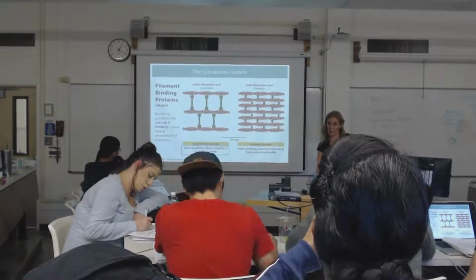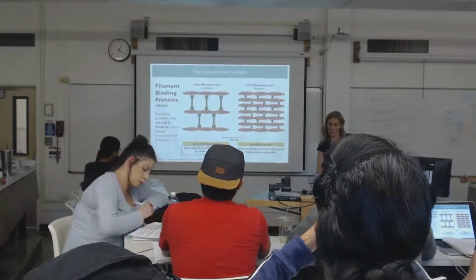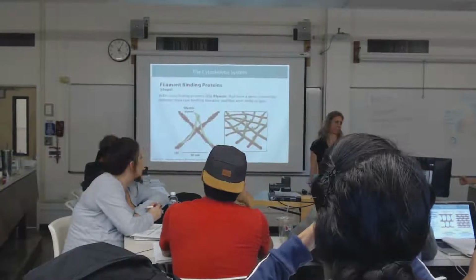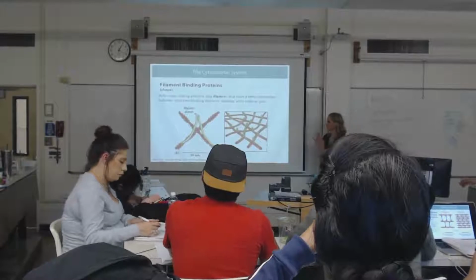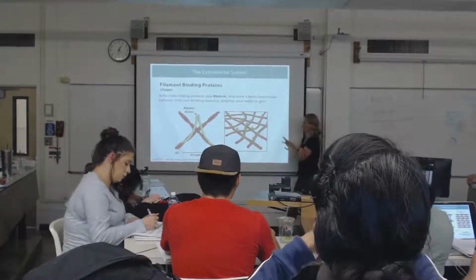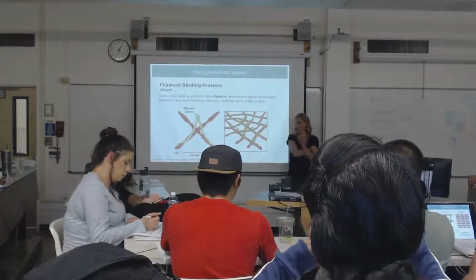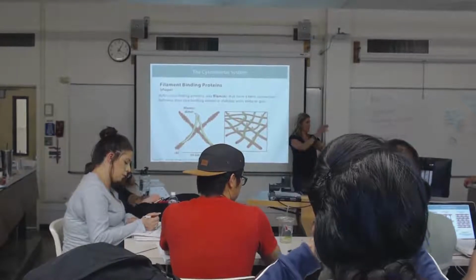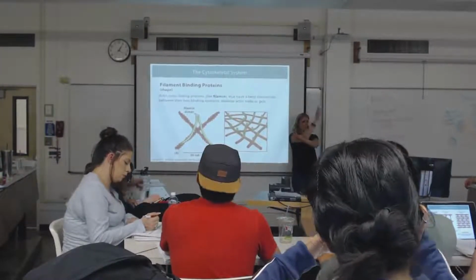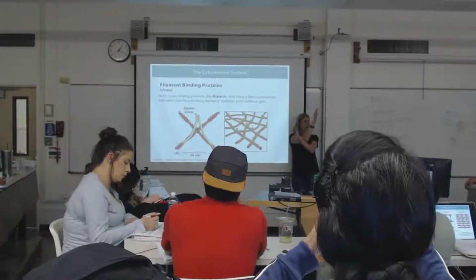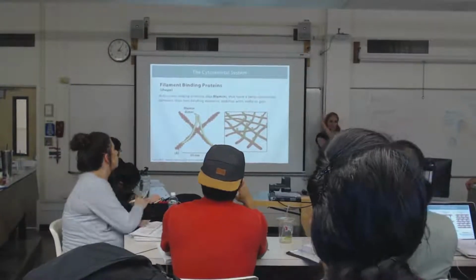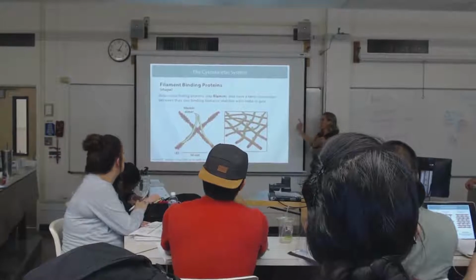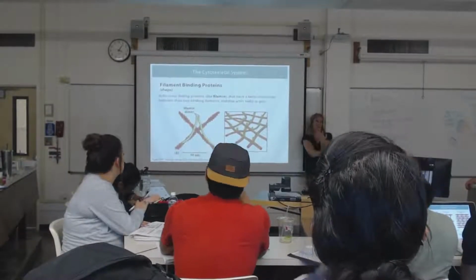Okay, the next shape are those crisscross meshworks. This shape is initiated by Arp complexes. Arp complexes are what allow you to connect the actin filaments in such a way that they have this crisscrossing happening. Filamin comes in and reinforces that meshwork.